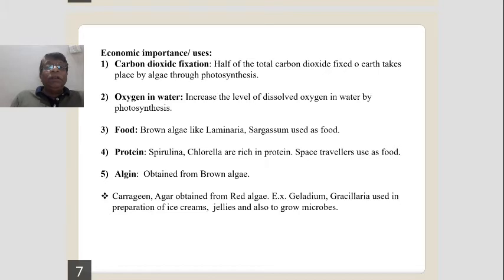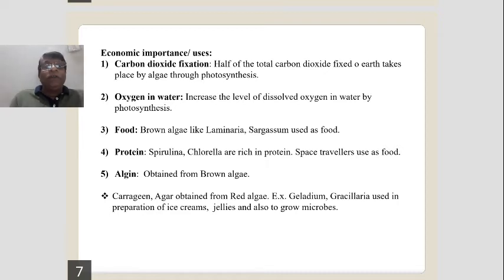You imagine the size of the algae. These algae vary in size, that we know. Microscopic to filamentous and very big like laminaria. These algae fix half of the total carbon dioxide fixed by the plants.